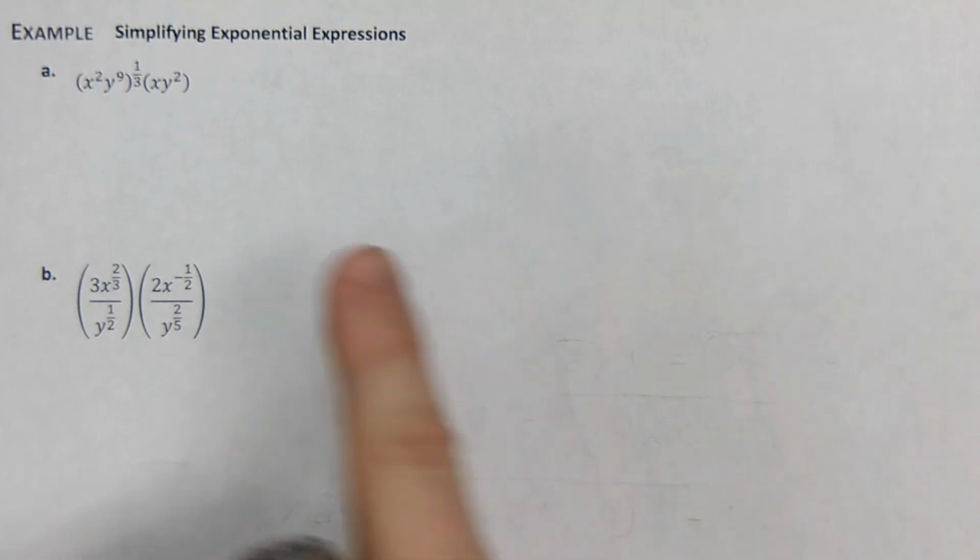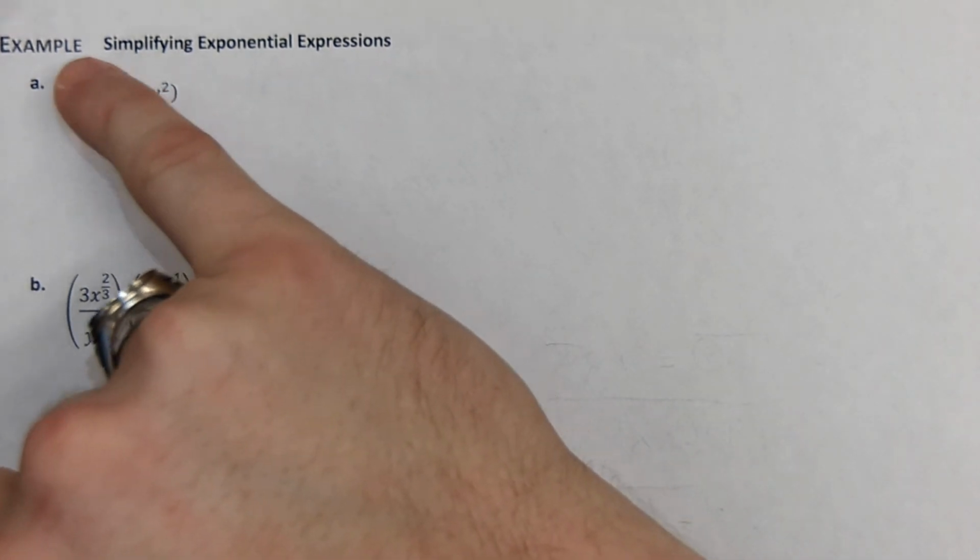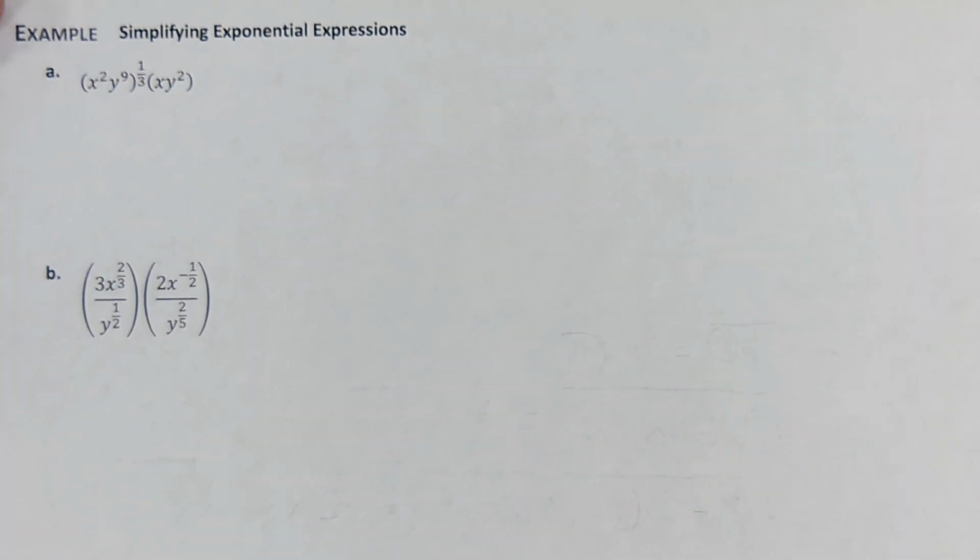And so for this first set of parentheses, I'm going to remind you that when a set of parentheses have an exponent, as long as everything inside is separated by multiplication, which x squared and y to the ninth are, you apply this 1/3 power to both of these objects.